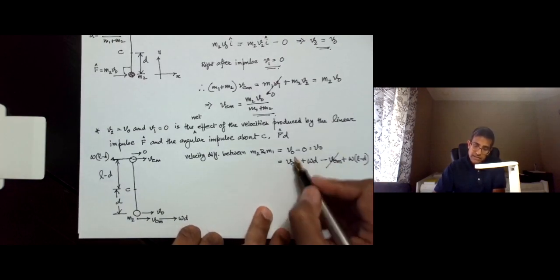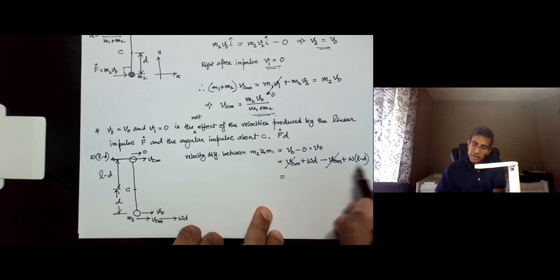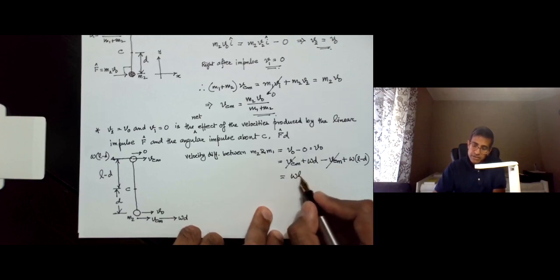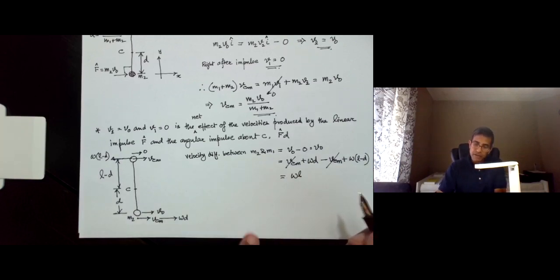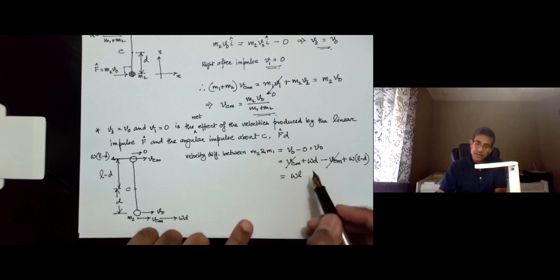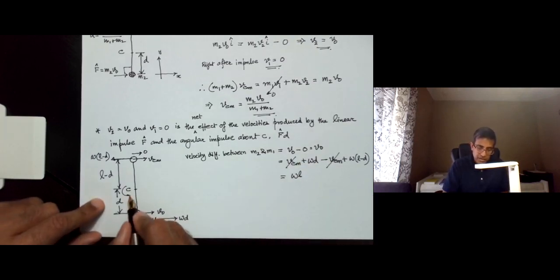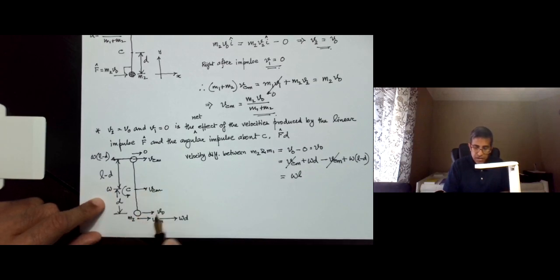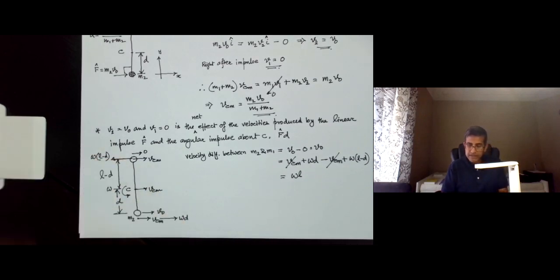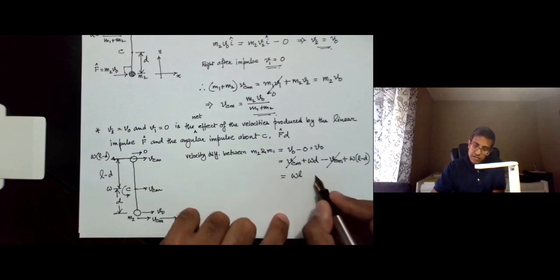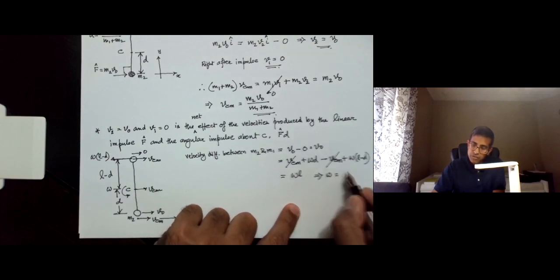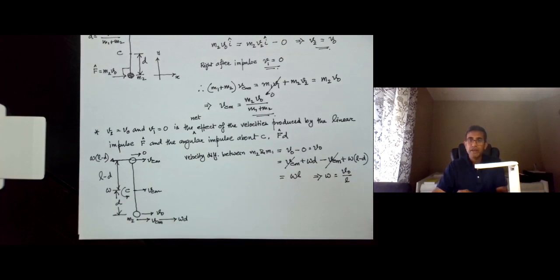So these cancel, and what you have is omega times l. Okay, so the difference in velocities is omega times l. L is this distance. So then we get omega to be equal to v naught over L. We also note the following.